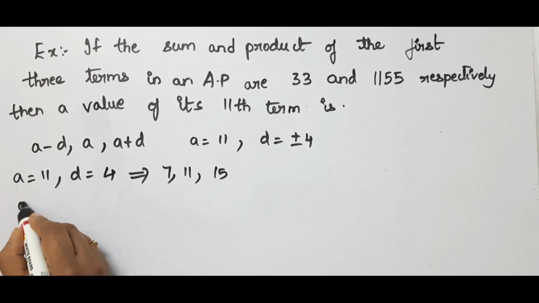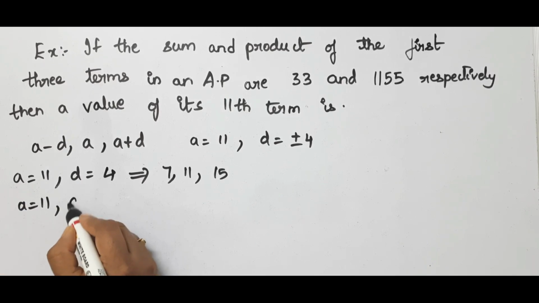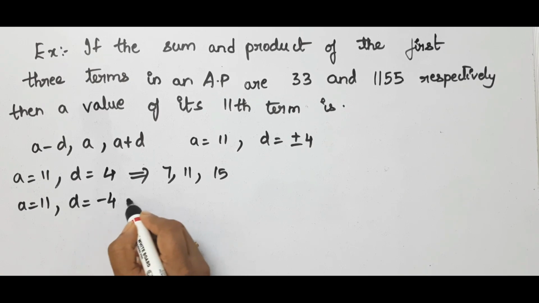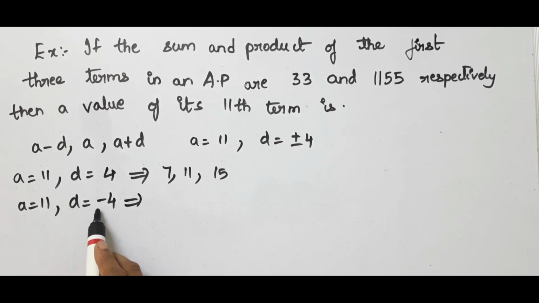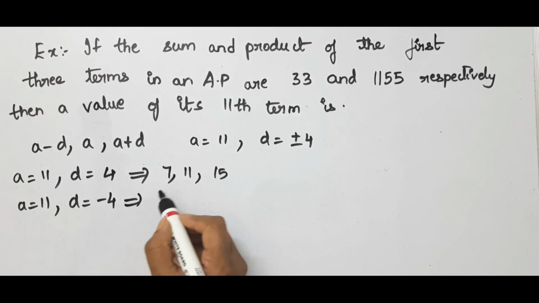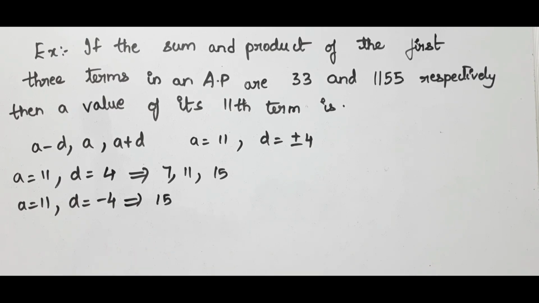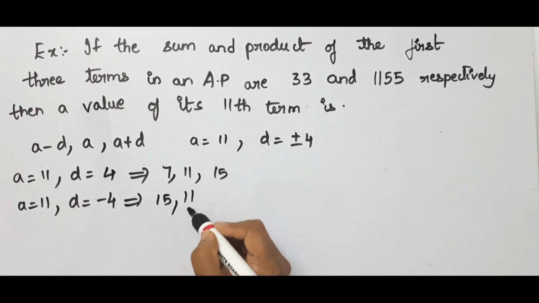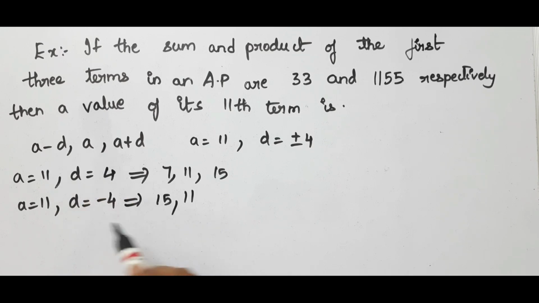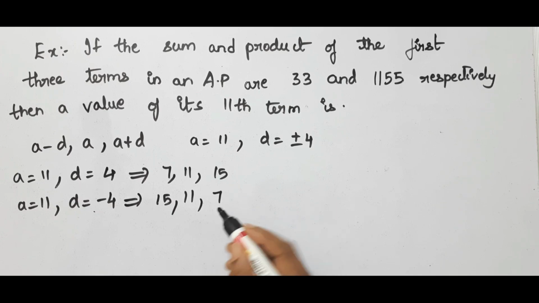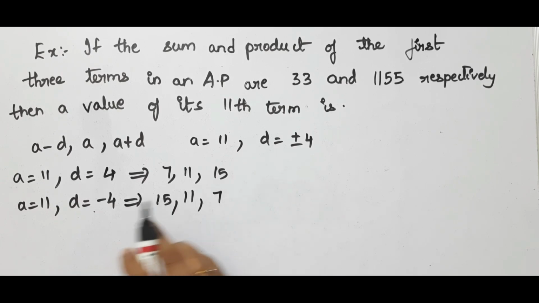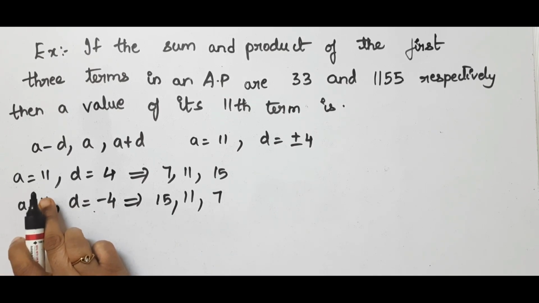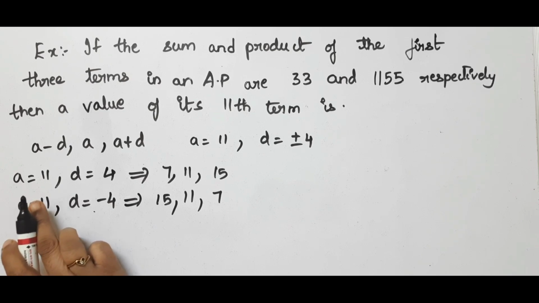Now at A is equal to 11, D is equal to minus 4, we will get 11 minus of minus 4, which is 11 plus 4, nothing but 15. The middle number is 11, that is A, and here A minus D, that is 11 minus 4, is nothing but 7.